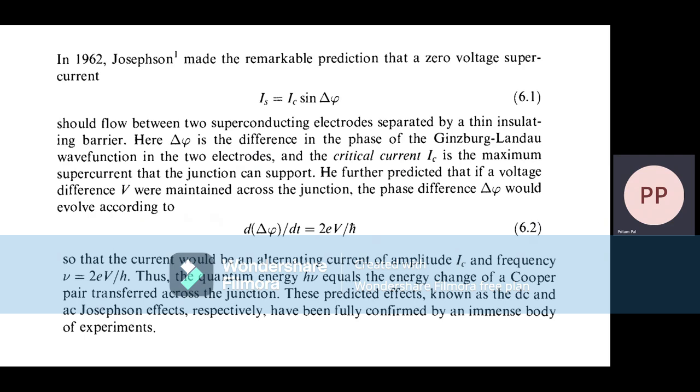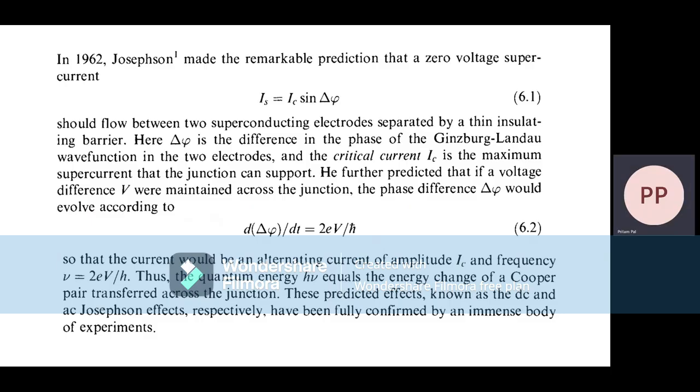That is the second Josephson effect, right? Now, this is the important part. The current would be an alternating current of amplitude IC, and the frequency will be 2eV by h. So this will be the oscillating frequency of the current.